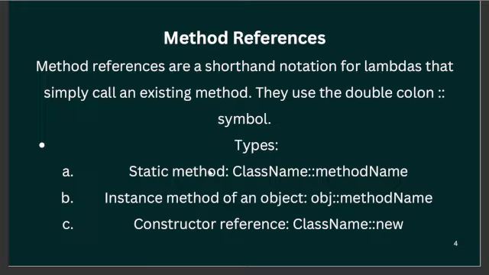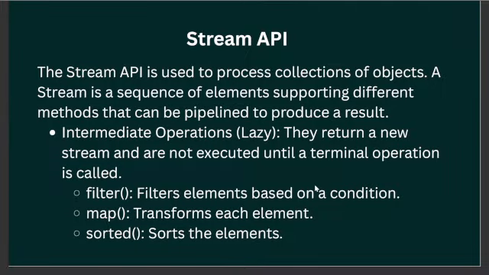A static method is called by class name, double colon, method name. An instance method of an object is called by object, double colon, method name, and a constructor reference is called by class name, double colon, new. This is the syntax for calling methods by method references.